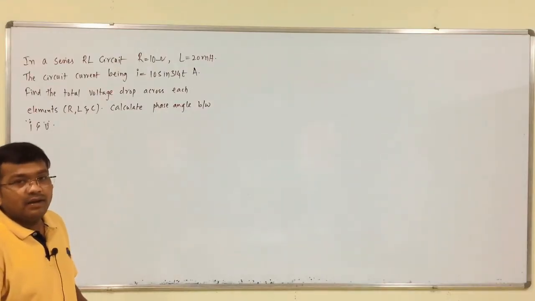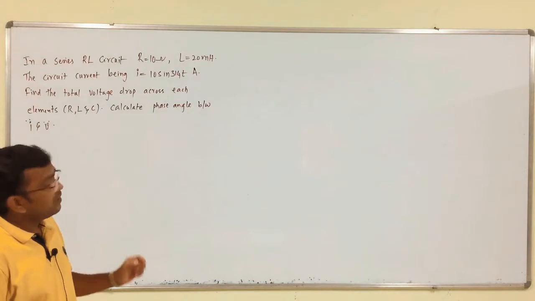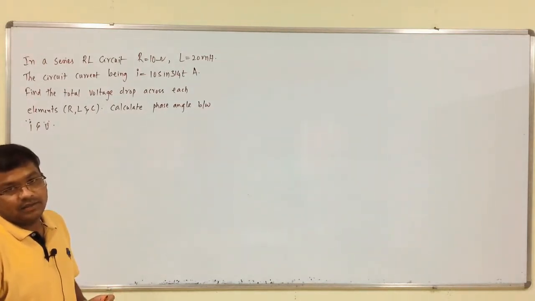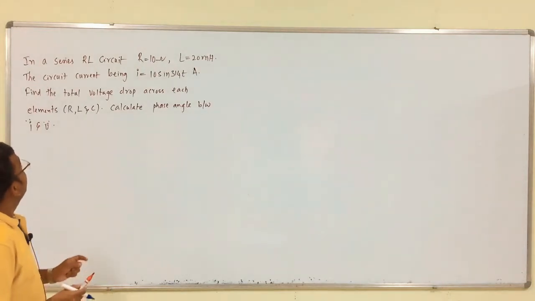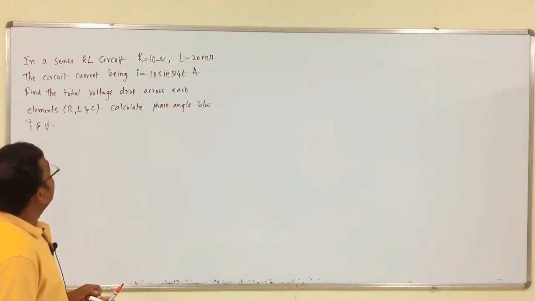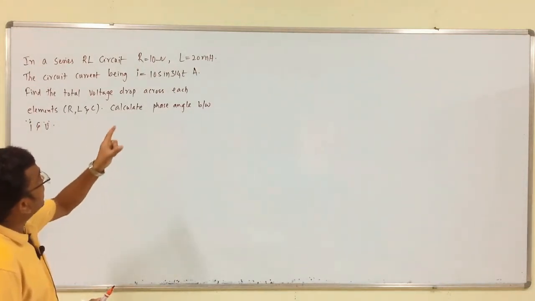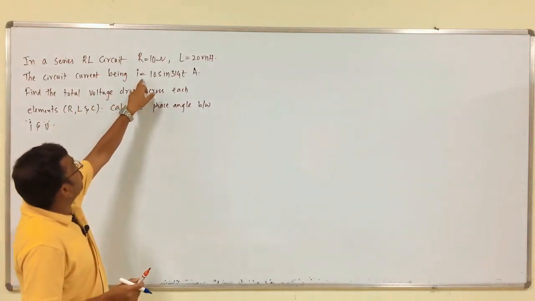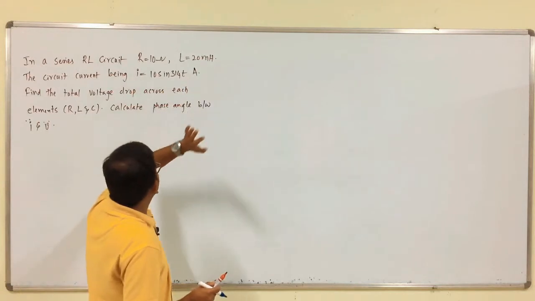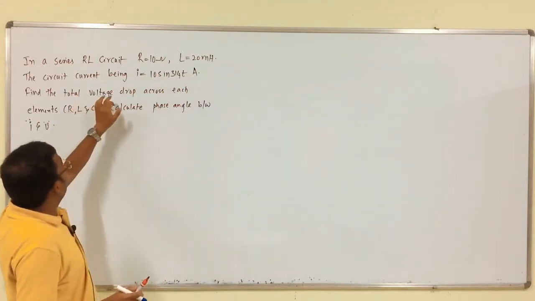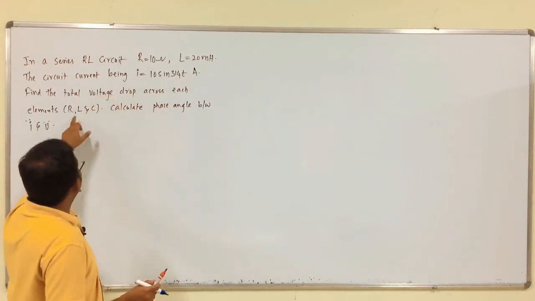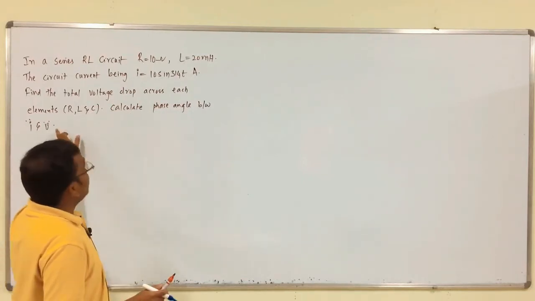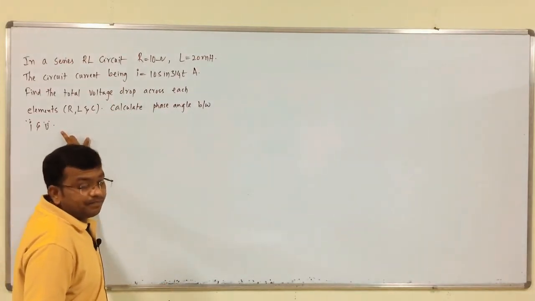Hello everyone. Now we have to discuss problems on sinusoidal steady state analysis. In a series RL circuit, R is equal to 10 ohms, L is 20 millihenry, and the circuit current is I equals 10 sin 314t amps. Find the total voltage drop across R and L, and calculate the phase angle between current and voltage.